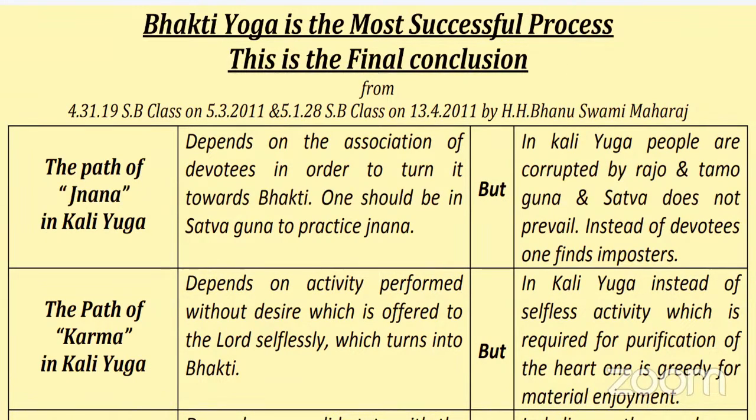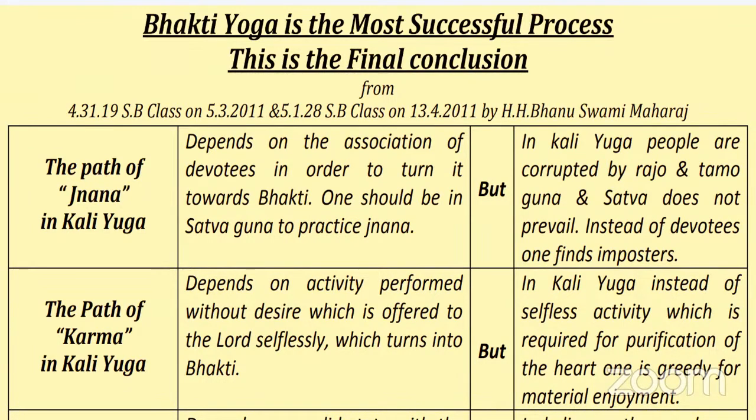Sukadeva Goswami was a jnani, and his father took him and gave him this Bhagavatam. So after hearing Bhagavatam, he became a devotee. So he needed another devotee's association. He associated with Vyasadeva, and then he got bhakti yoga. So like this, even in Kali Yuga, if somebody is doing jnana yoga, he is dependent on some devotees' association.